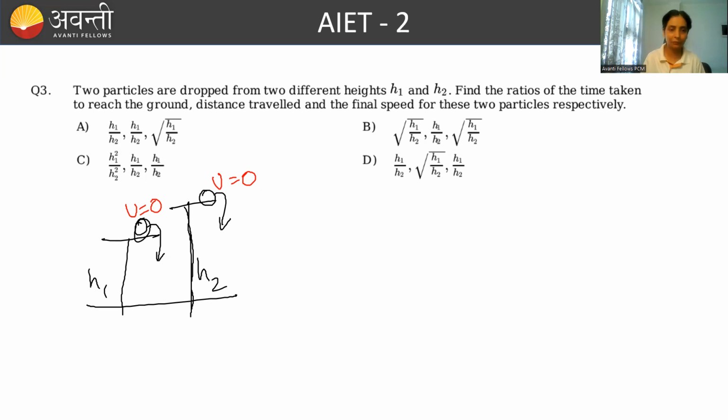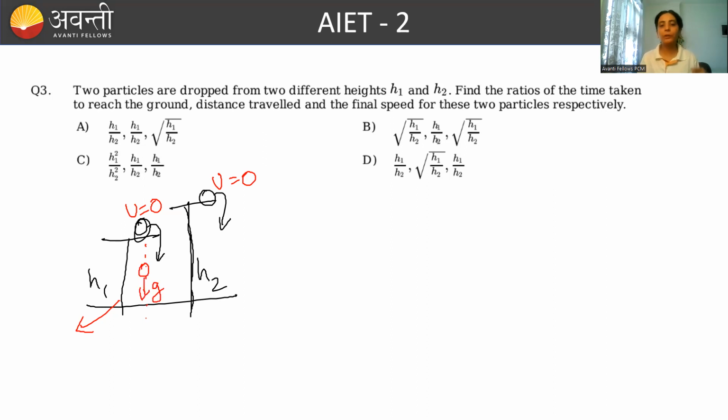For the first case, to calculate the time in which this ball will come down, the initial velocity is 0 and the displacement covered is H1. During this motion the acceleration is directed downward and equal to g.